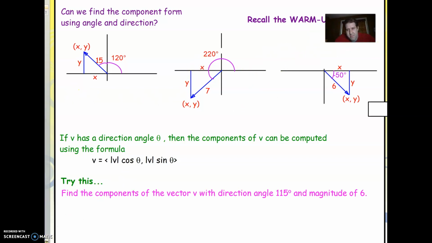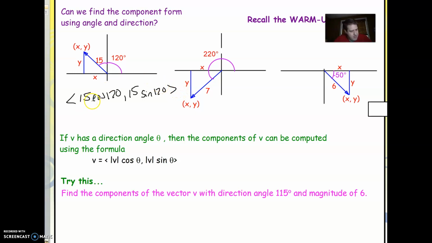Okay, so finding my vector, that's going to be the magnitude in this case, which we know is 15, times cosine of 120, comma, 15 times sine of 120. And this is where your calculator is going to do the work for you.